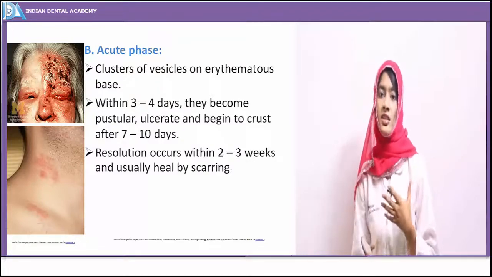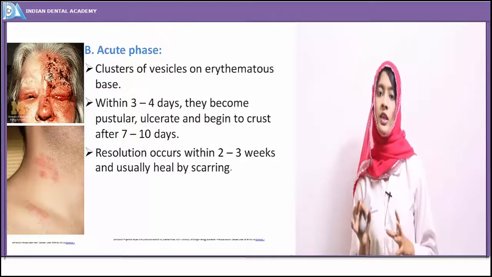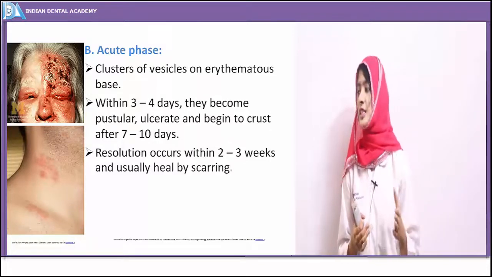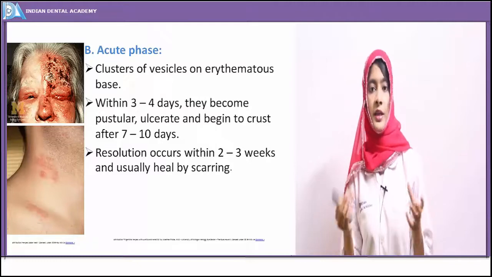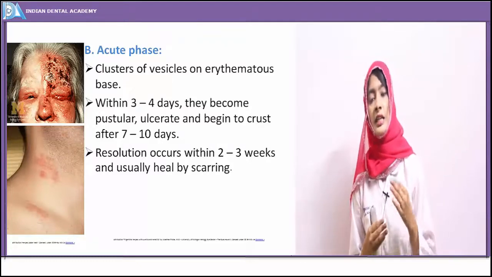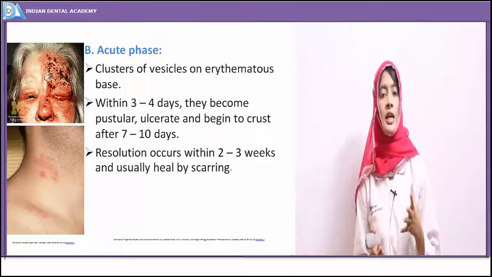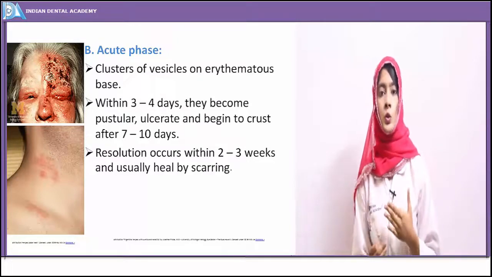The only characteristic feature is the unilaterality of the lesions. Within 3 to 4 days the vesicles rupture and liberate the fluid, they ulcerate, and crusting of the epithelium occurs. Resolution or healing occurs on its own within 2 to 3 weeks.